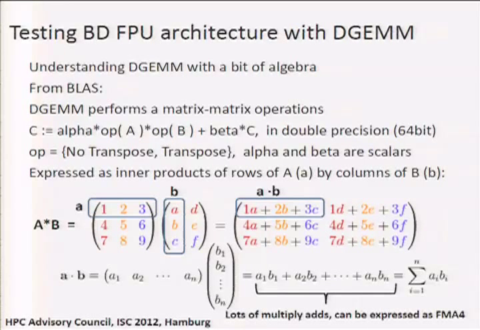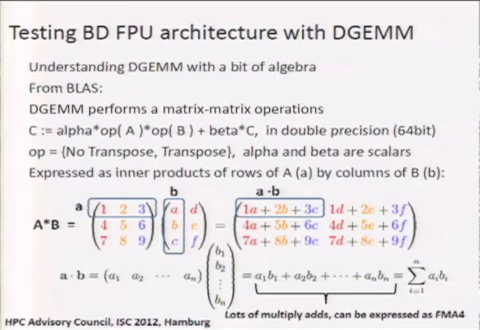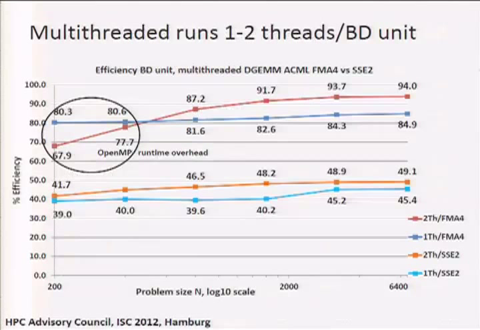So we are going to show you the difference between using SSE2 instructions and FMA4 instructions in a matrix multiplication. If I use the SSE instructions, then out of the potential of 8 double precision flops, I will be able to use only 4.